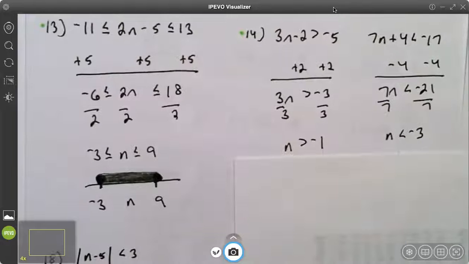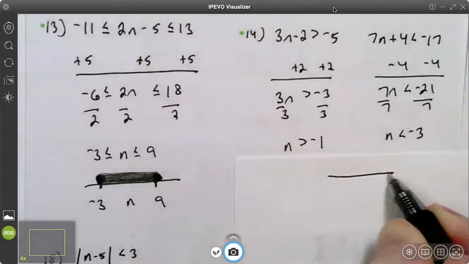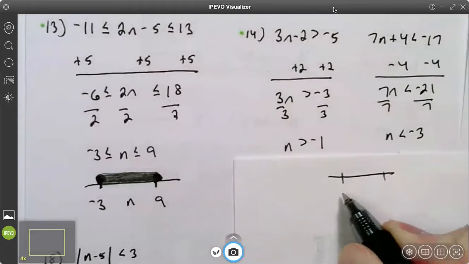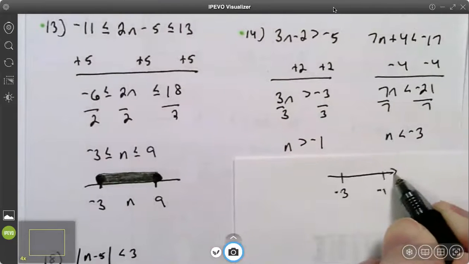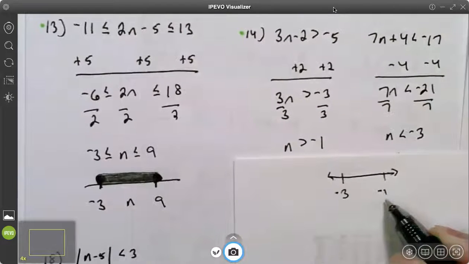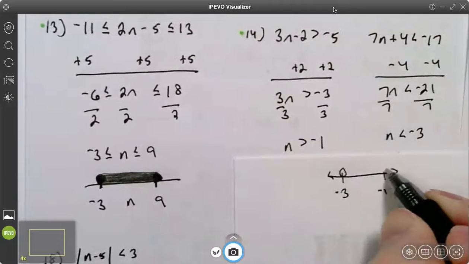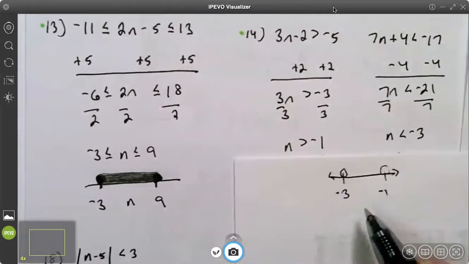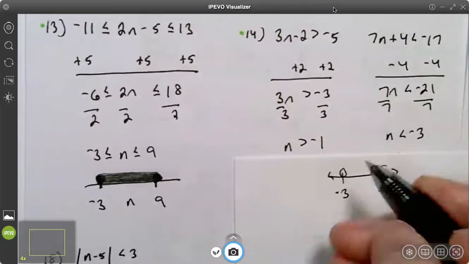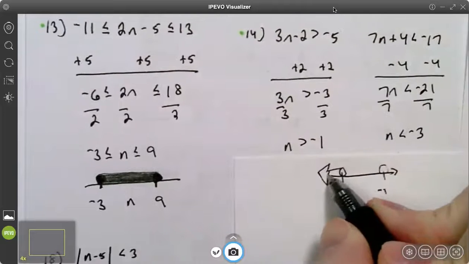When I do my number line, I want to make sure that I have my smaller number on the left, which is -3, my larger number on the right, which is -1. Both of these are open circles. So I'm talking about the -3. It says less than -3. That's going to point to the left.